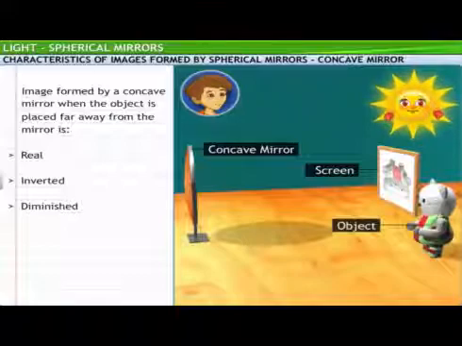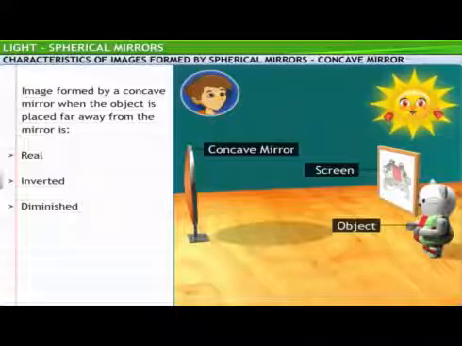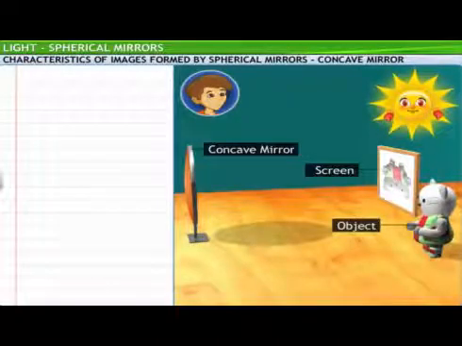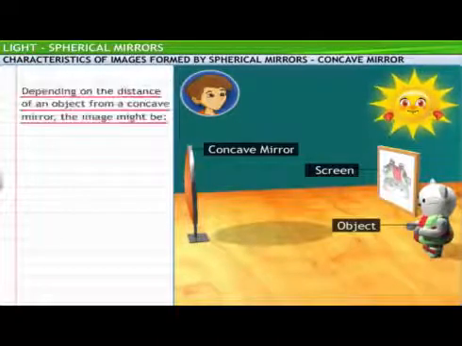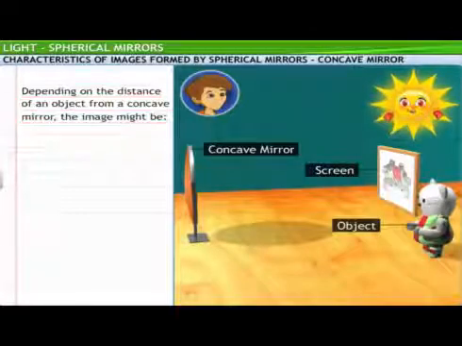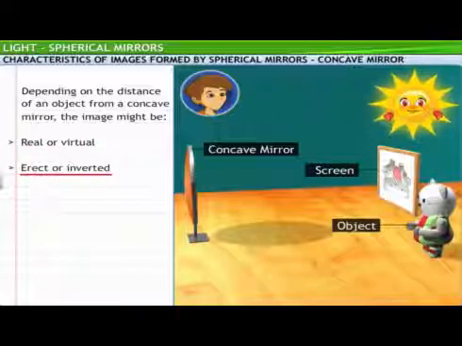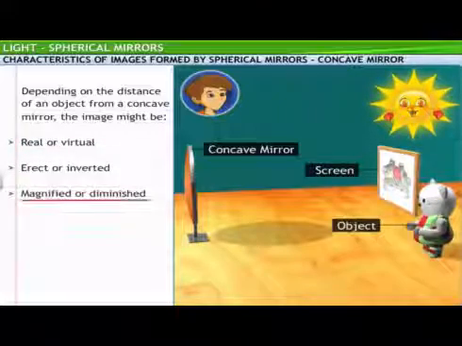As I continued to move the toy further away, nothing else changed. So, the same characteristics continue to apply to the image formed when you moved the toy further away. That shows images formed by a concave mirror can be real or virtual, erect or inverted, and magnified or diminished.